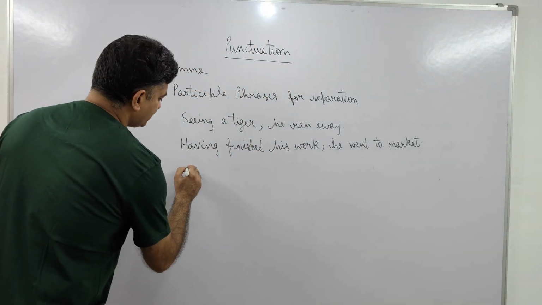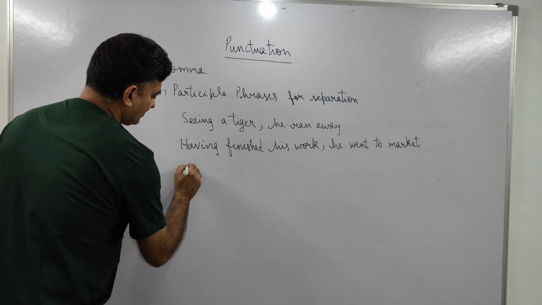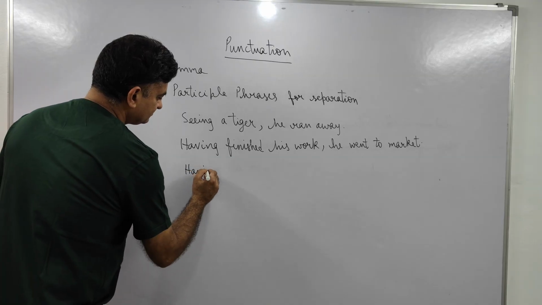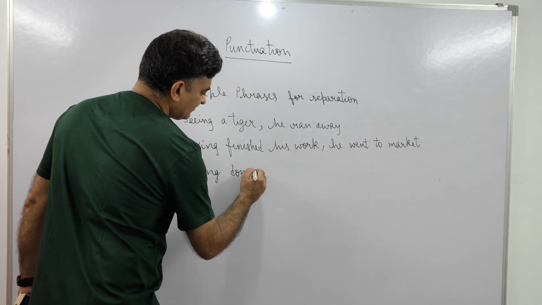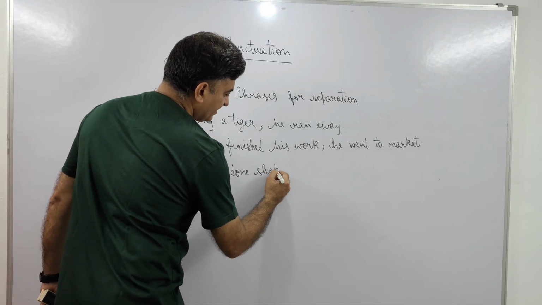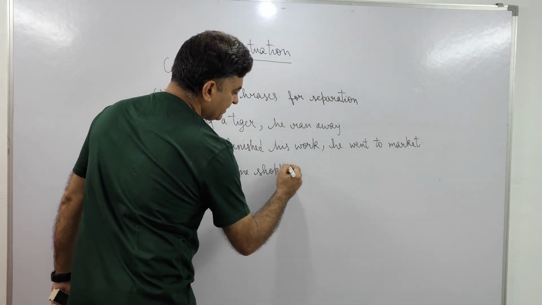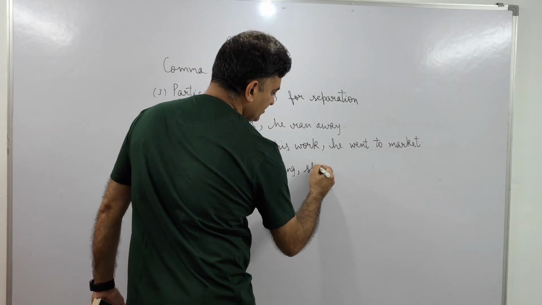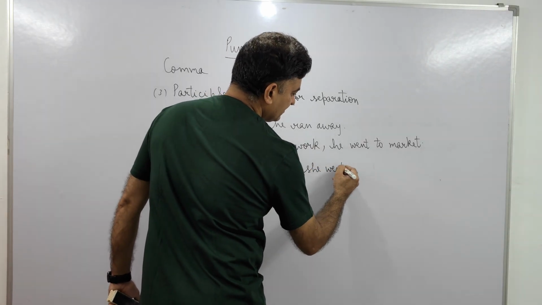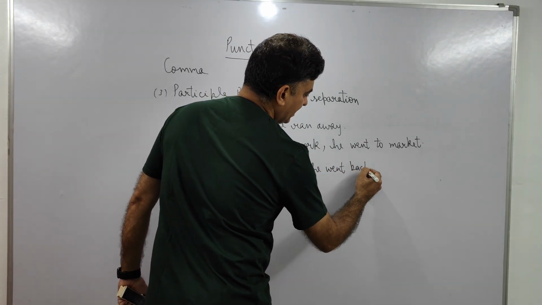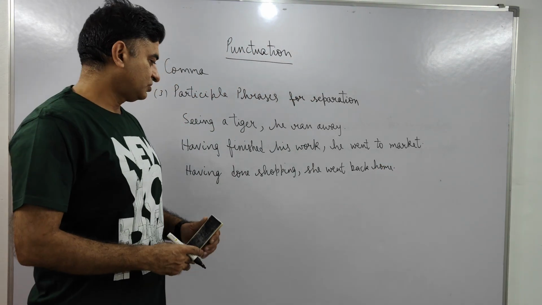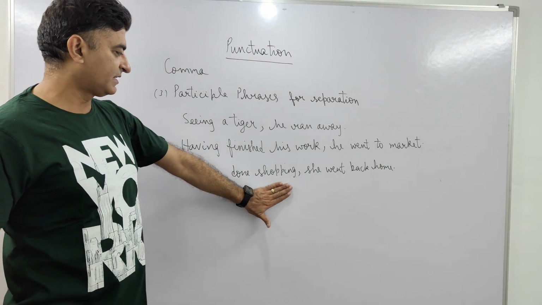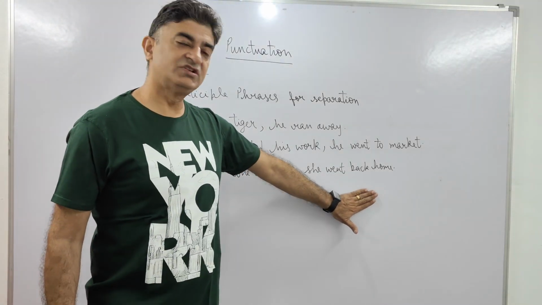दूसरा कोई सेंटेंस देख लेते हैं. Having done shopping, she went back home. शॉपिंग खत्म करने के बाद वो घर गई. So having done shopping, एक काम हुआ, उसके बाद she did another thing.